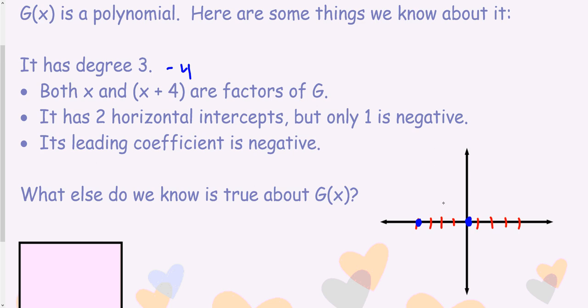There's only two horizontal intercepts, but it has a degree of 3. Shouldn't there be 3 intercepts? Well, it turns out there doesn't have to be if one of them is a duplicate. That means that one of these must be a bounce, a multiplicity of 2.